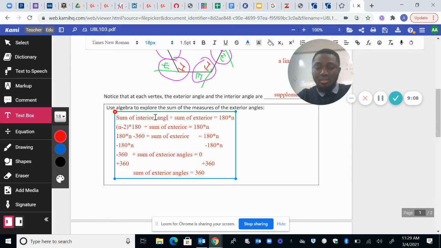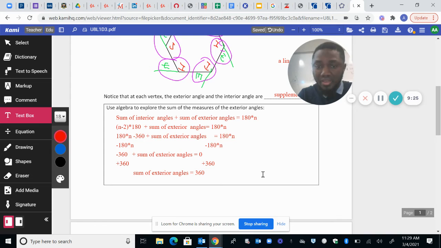So I'm going to put angles here to show that it's angles. Okay. So what we know today, this is a new thing we just derived.